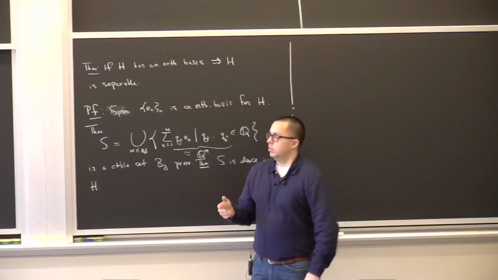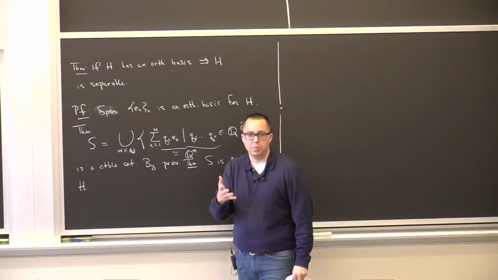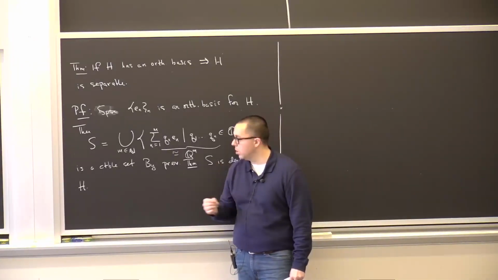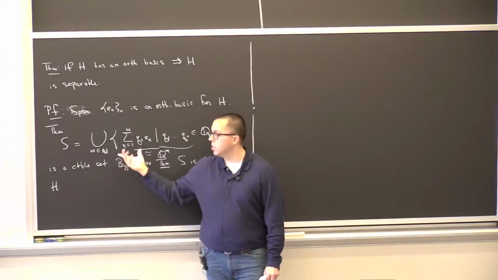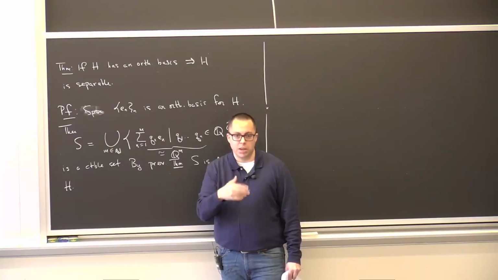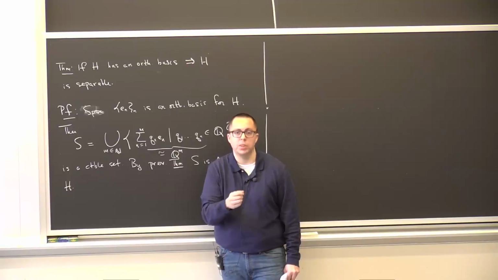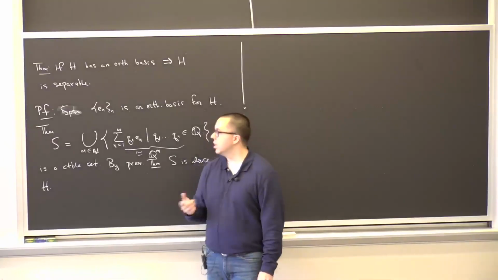This means the partial sums are converging to a given element U. So to show this set is dense, we have to show that for every epsilon there exists something from this set within epsilon distance of that given vector. Given a vector, its Fourier-Bessel series converges to it, so we can cut the series off at a certain point and still be within epsilon over 2 of the element we're trying to get close to.